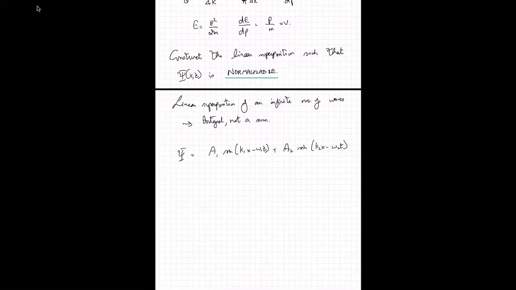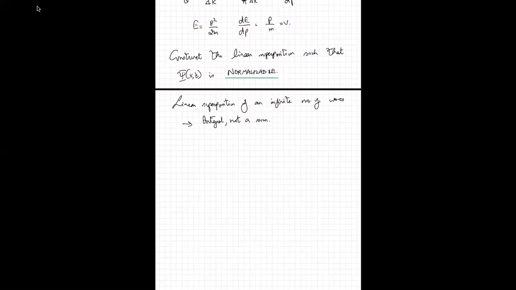If a1 and a2 are all constants, then it is very hard for me to adjust them such that all these terms add up destructively to give me something localized in space. So the quote-unquote constants a1, a2 should also be chosen very carefully, and I will explain how this is done in the next lecture.